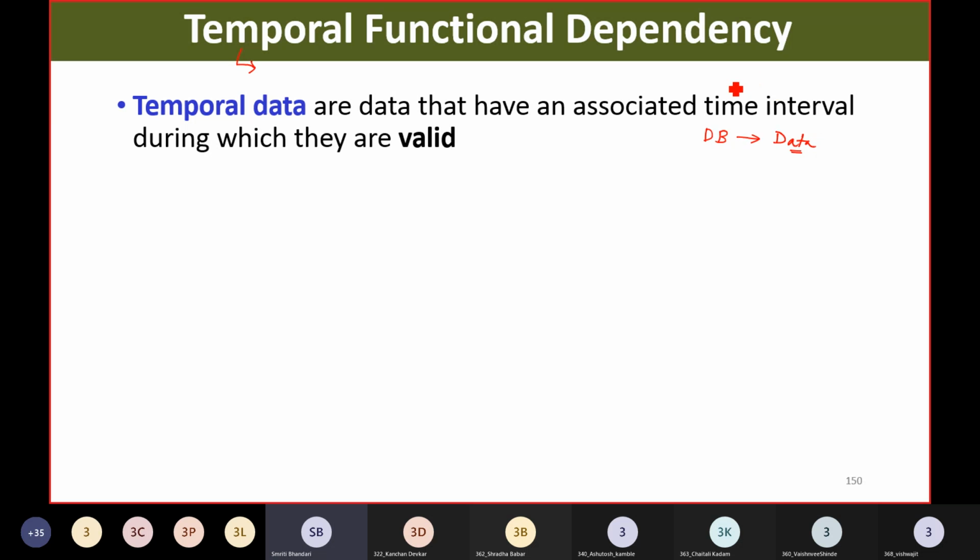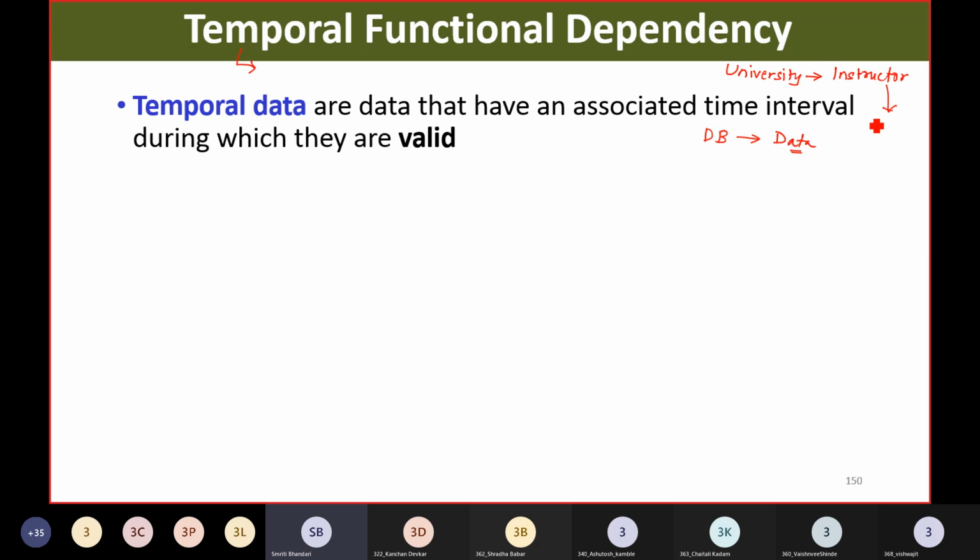For example, suppose we have our university schema. In our university schema, we have one relation, say instructor. In this instructor relation, we are storing the data related to instructors.